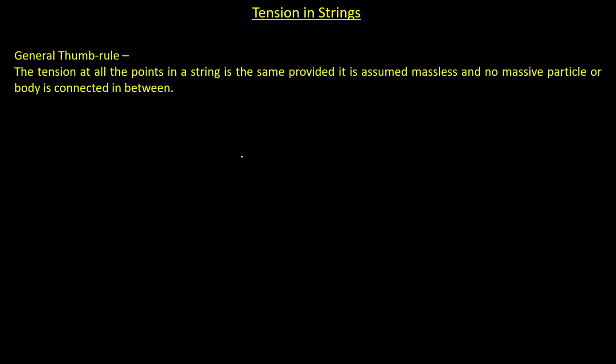Now let us consider another complicated situation. Say something like this, a pulley, having mass small m1 over here, then small m2 over here, then small m3 over here. So how are you going to distribute the tensions now? And I'm considering this pulley is having mass capital M and this whole string is massless.